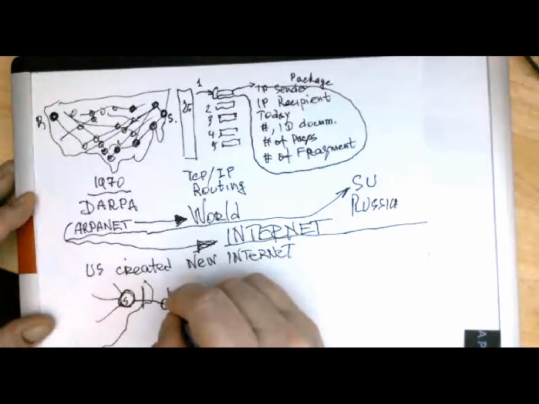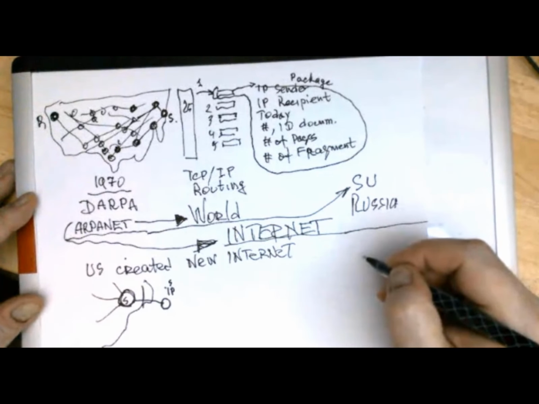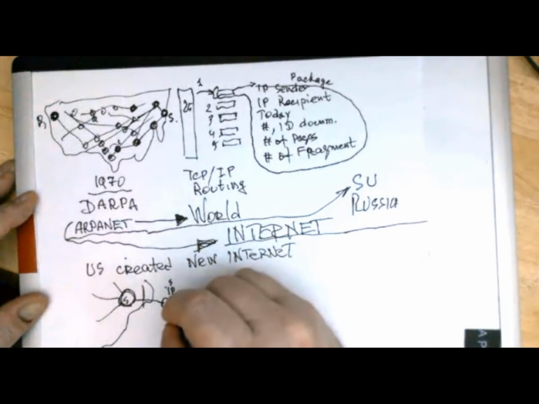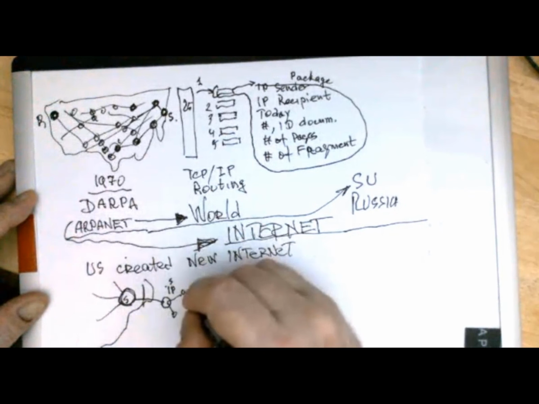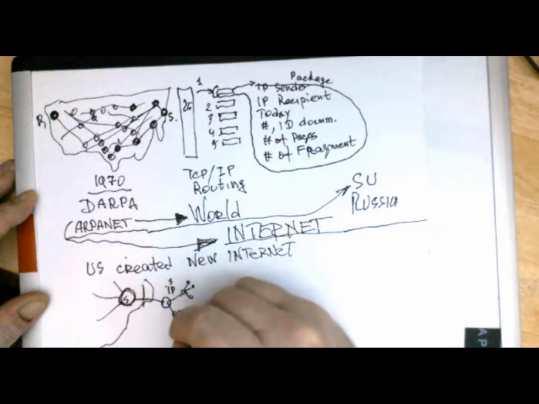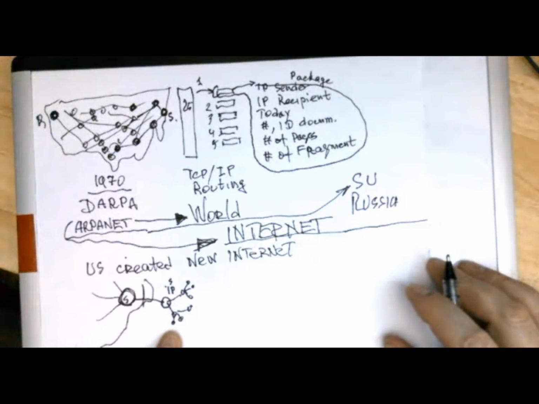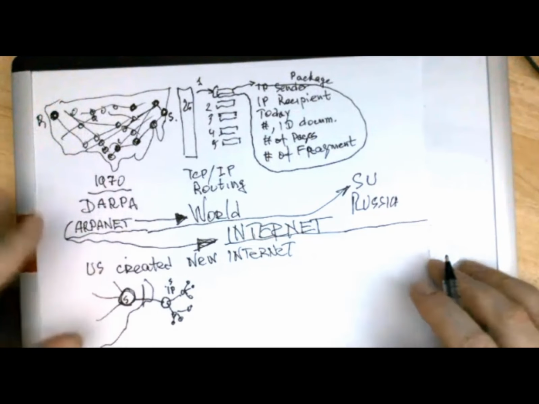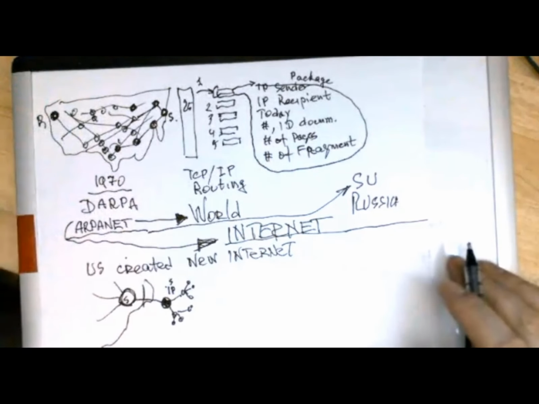So I'll put here internet service provider, ISP. And this internet service provider will connect to local servers in the buildings, and then buildings will be connected to our workstations. So here we are. You see, we are pretty small. Our computers are small, small, small. And these are big computers, servers.